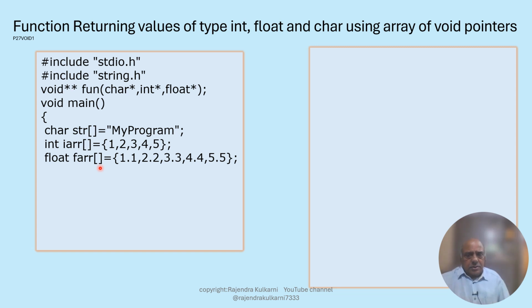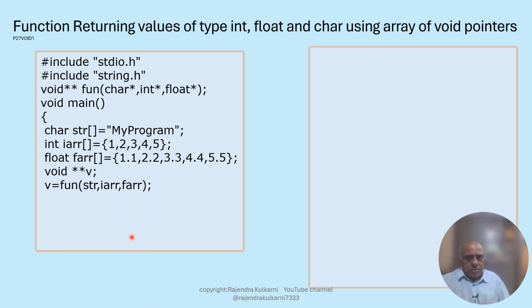3 arrays are declared: char str assigned with my program value or the characters, int IARR assigned with 5 int constants, float FARR assigned with 5 float constants. Then we declare a pointer to a pointer of data type void and name it v.